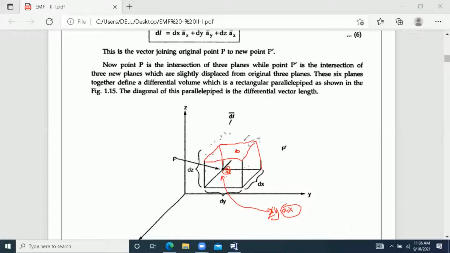So by specifying ax or minus ax, you would know whether it's this surface or this one. Because they're measuring it about the point P, it would tell you whether you're going the positive or the negative, as they say. That is what I take from it.